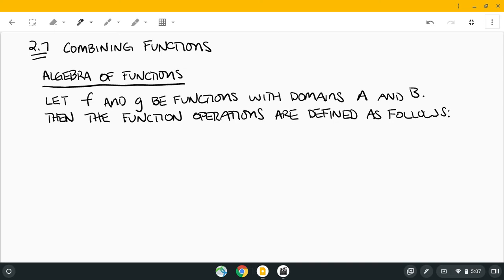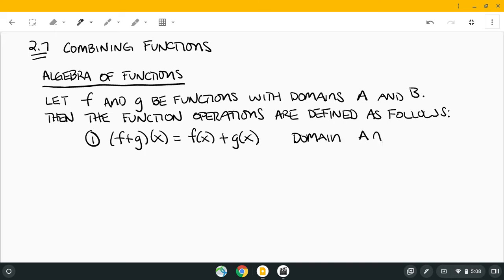Number one, we have addition between functions. If I want to add (f plus g)(x), that's equivalent to taking f and adding it with g, and then the domain here will be the intersection of A and B.